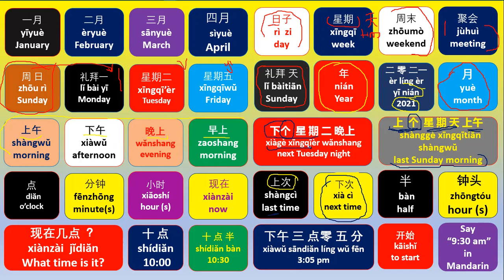We're just saying with xia, since if you say that you are now saying Tuesday. So it's just shang ge xingqi, last week, and xia ge xingqi, next week. 下个星期, okay, so that's next week.